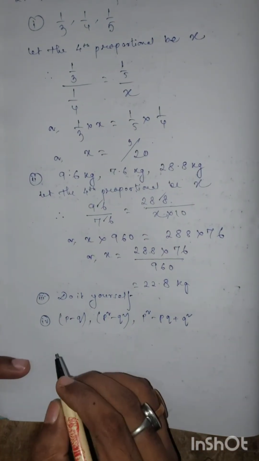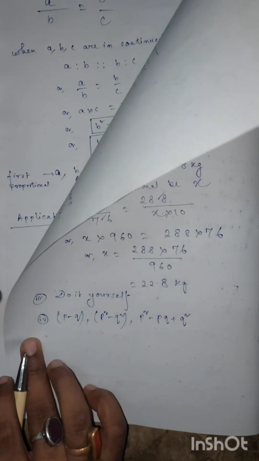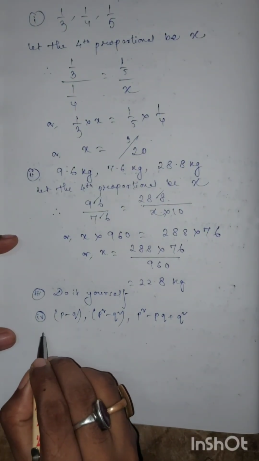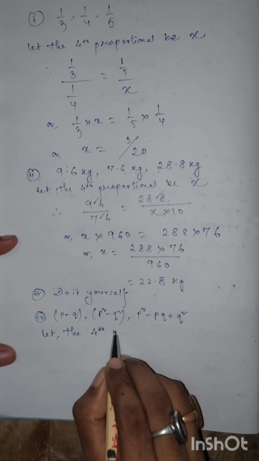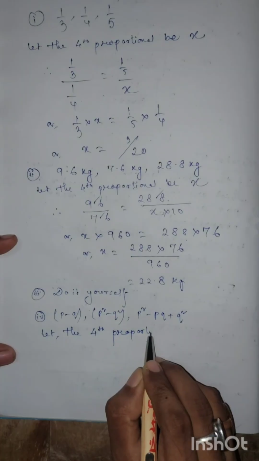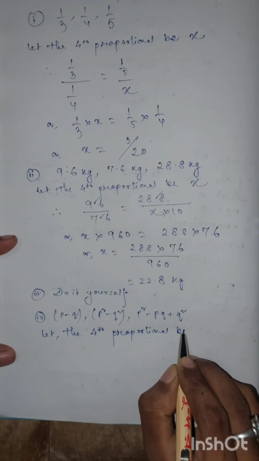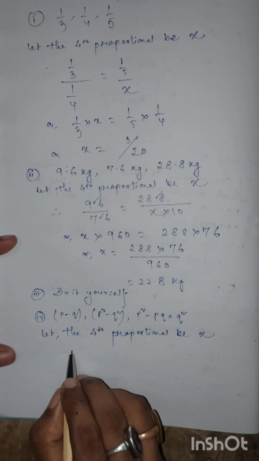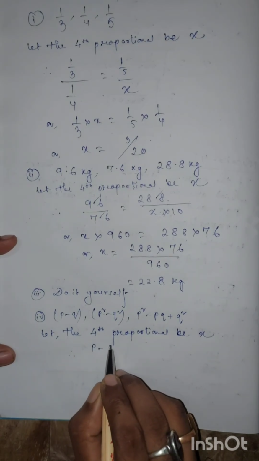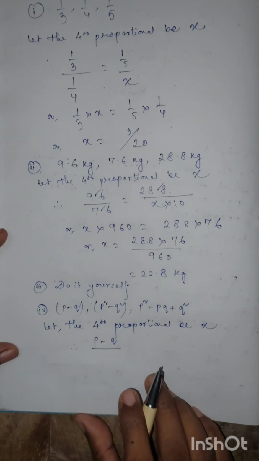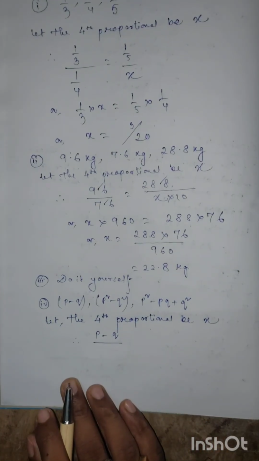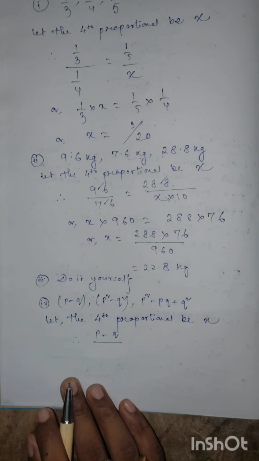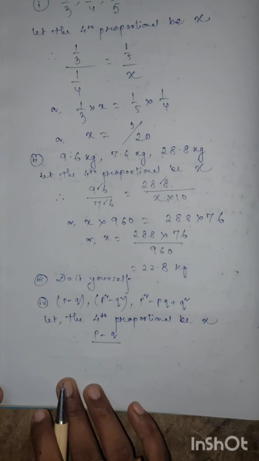Okay, so let us assume, let the fourth proportional be x. Therefore we can write p minus q. By the exact same pattern should be followed, like our previous questions, question number Roman 1 and 2. Exact similar.